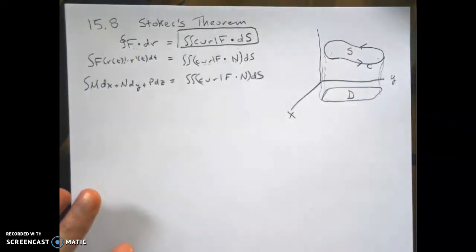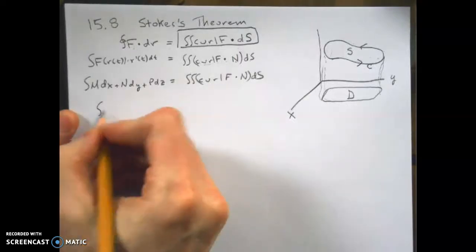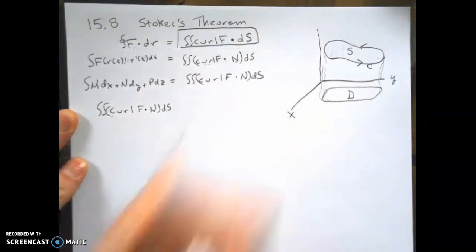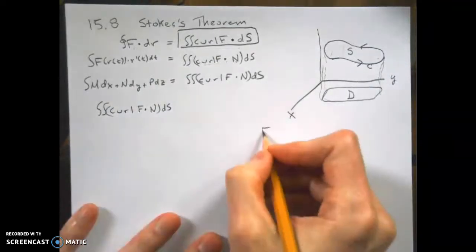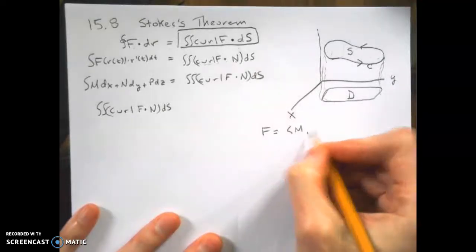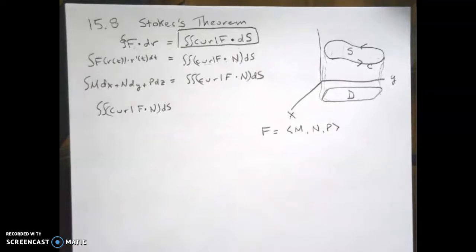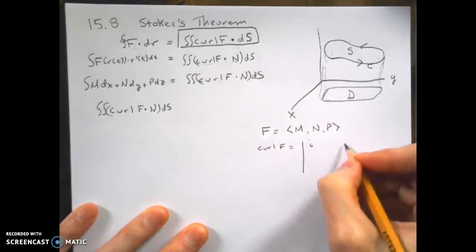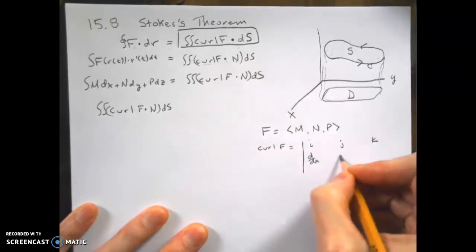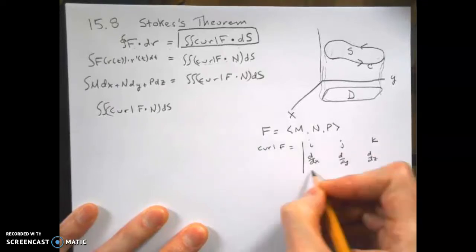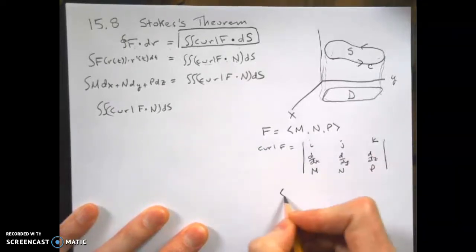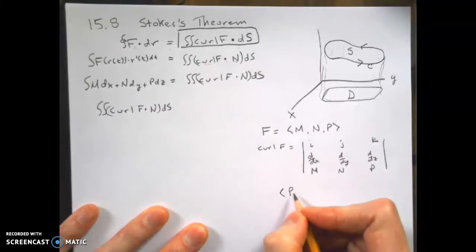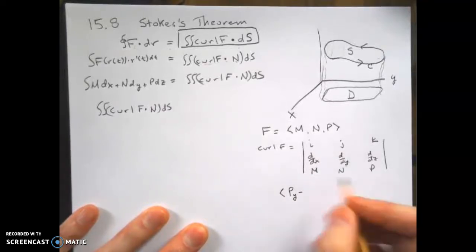So we're going to start with the double integral of the curl of F dotted with your normal over your surface. Now, let's find the curl of F. Remember what F is. F is the vector field made up of M, N, and P. Remember, M, N, and P are all functions of x, y, and z. To find the curl of F, we do i, j, k, d/dx, d/dy, d/dz, and then M, N, P, and it comes out to be the y partial derivative of P, so P_y, minus the z partial of N, in the i direction.